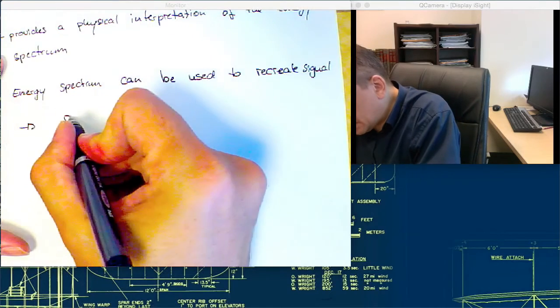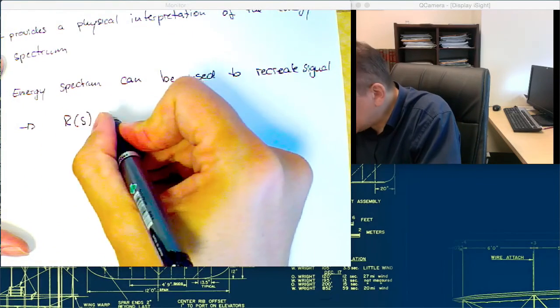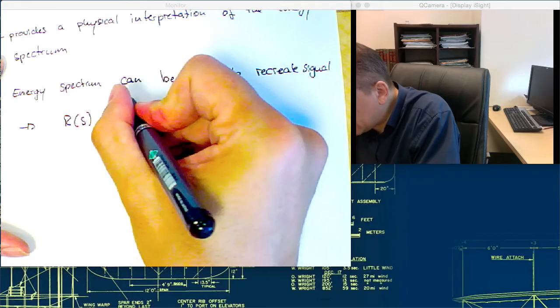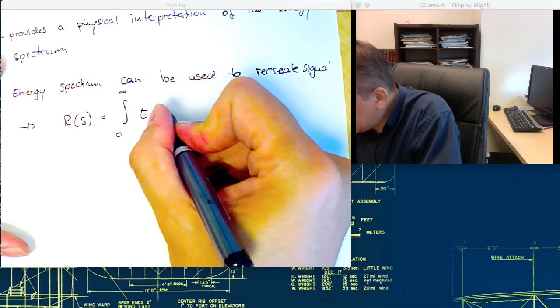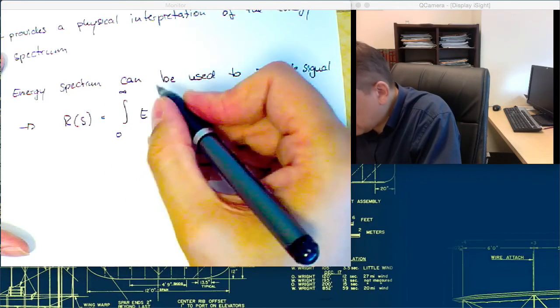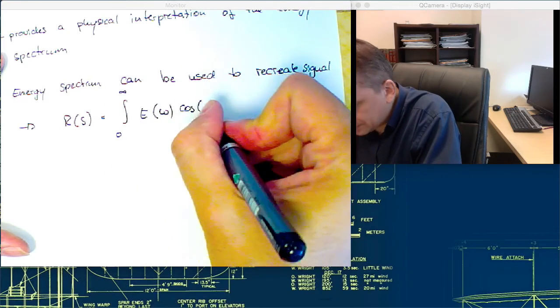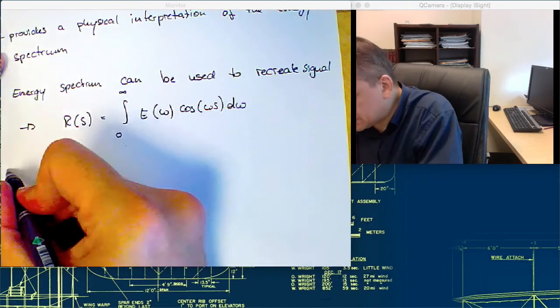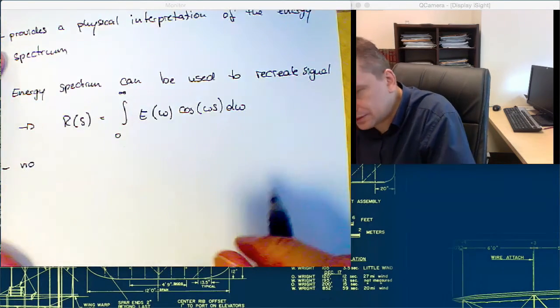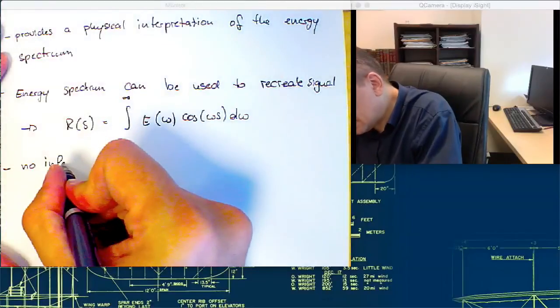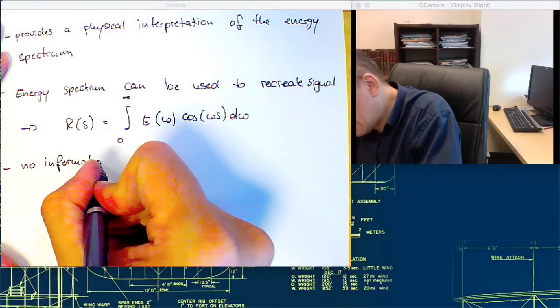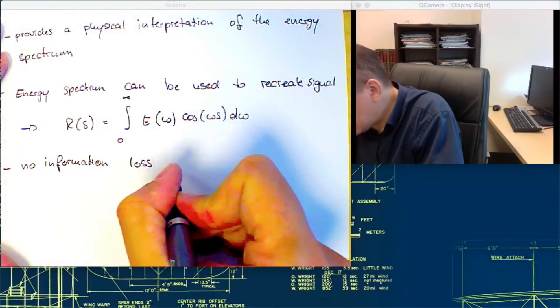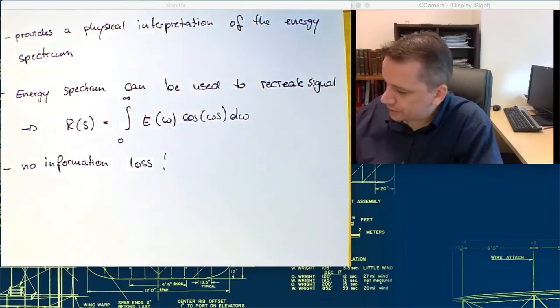For example, R of s would be, you go from 0 to infinity, E of omega cosine omega s d omega. So there's no information loss due to that.